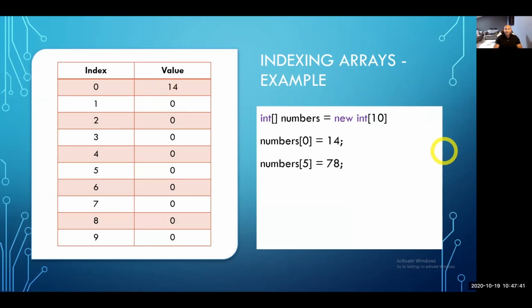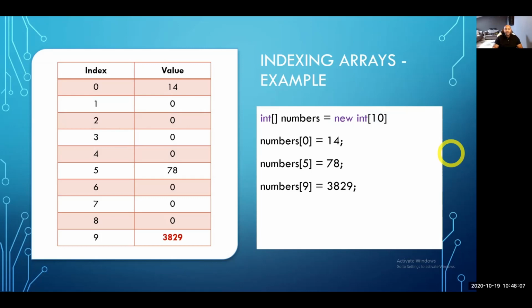Let's set numbers[5] equal to 78. That sets the index at 5 to 78. Numbers[9] equals 3,829. It sets the index at 9 to 3,829. All right. So that's how you access an array. That's how you get the different values in the array.